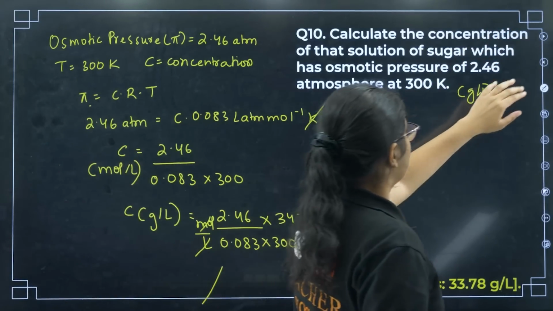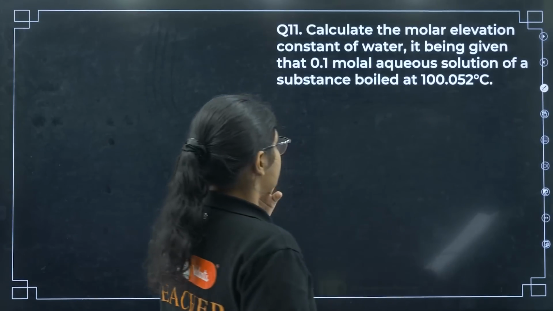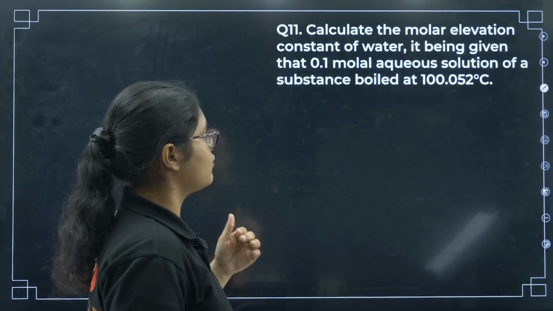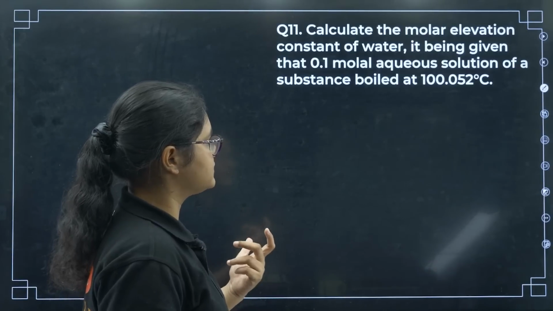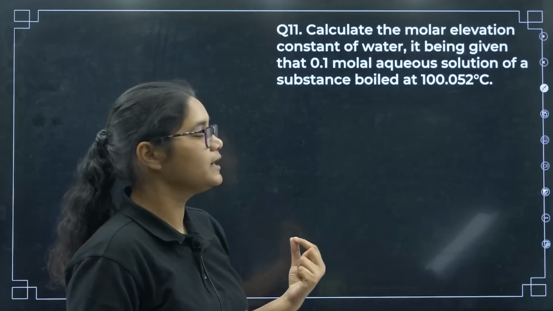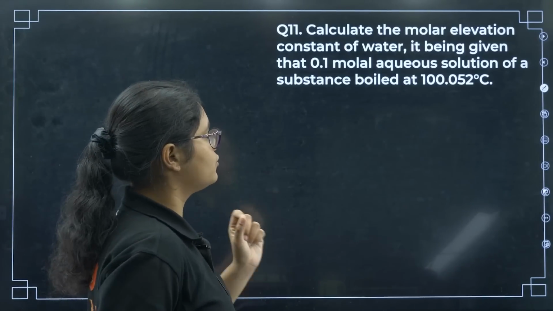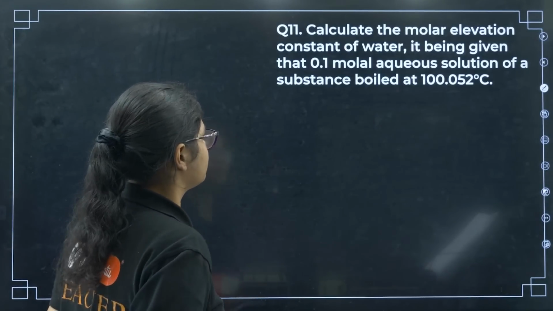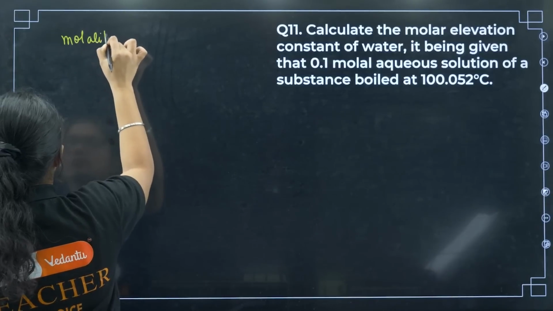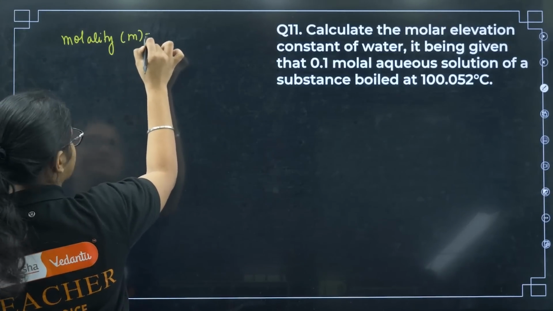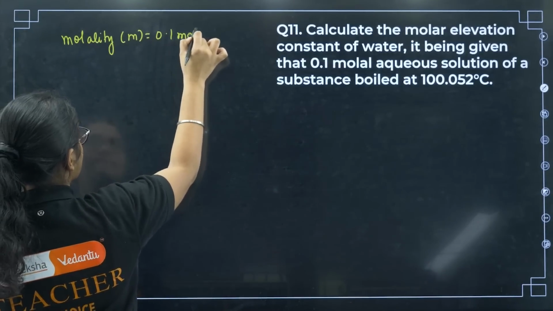Okay, next question number 11: calculate the molal elevation constant of water, it being given that 0.1 molal aqueous solution of a substance boils at 100.152 degrees Celsius. This is also a very simple question. We know molality m is given to you as 0.1 molal.